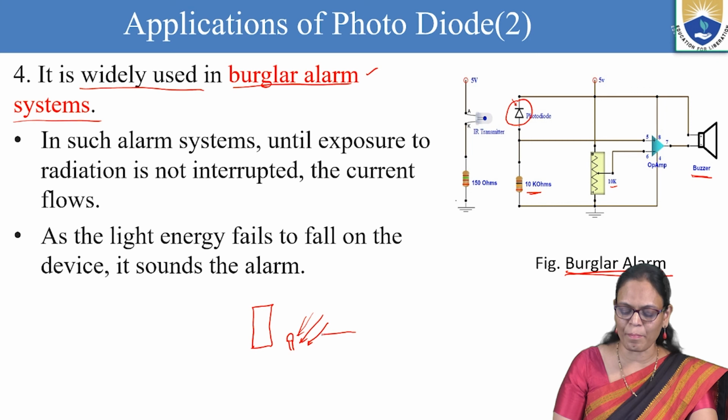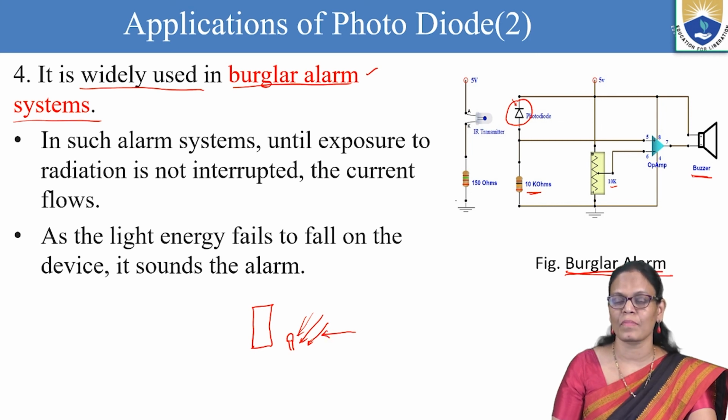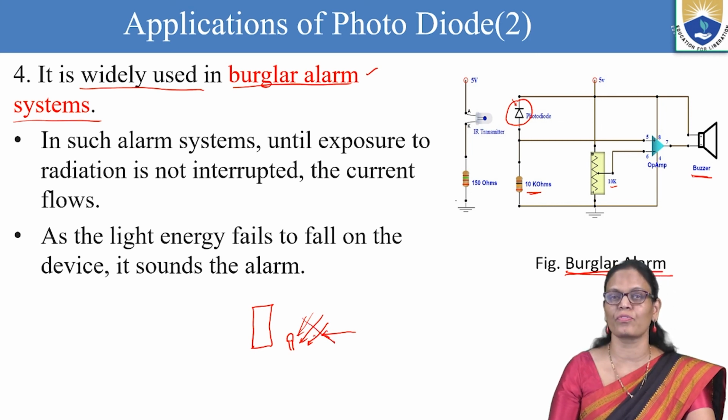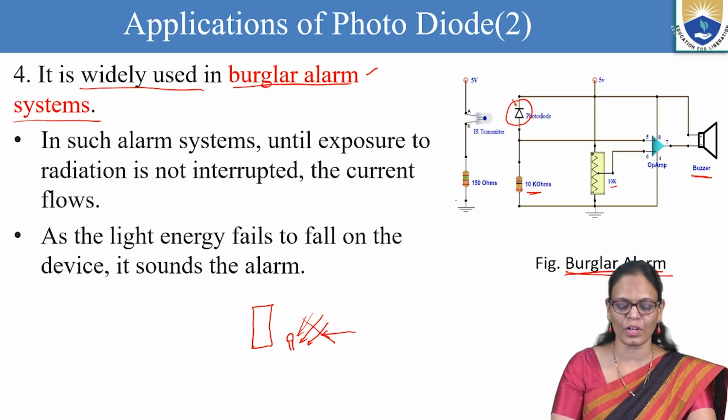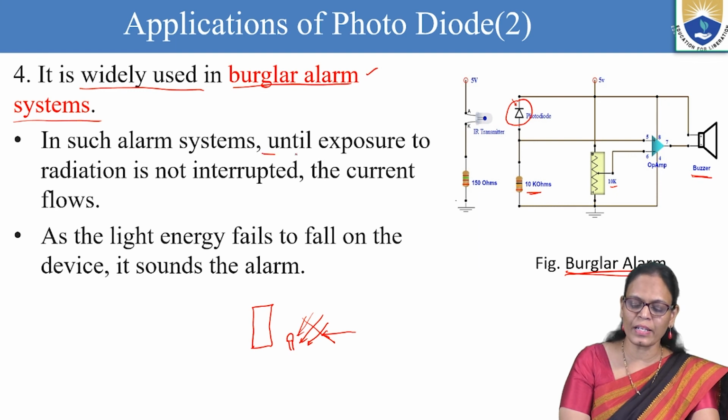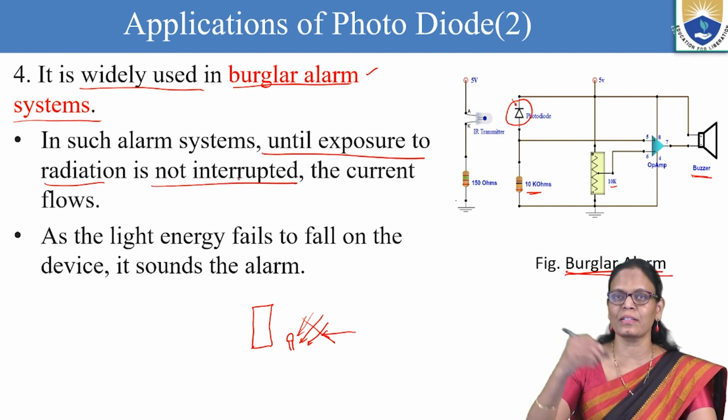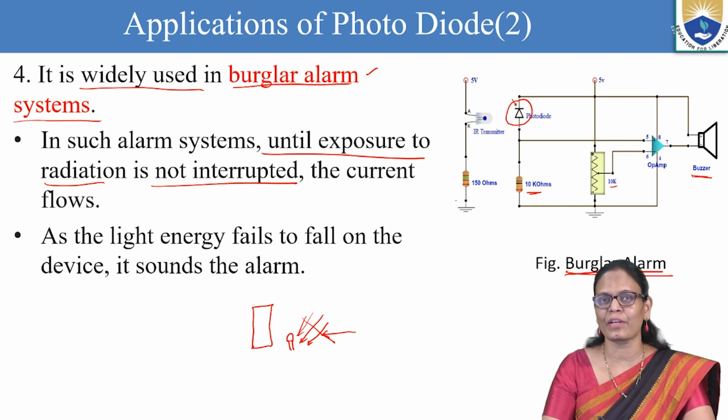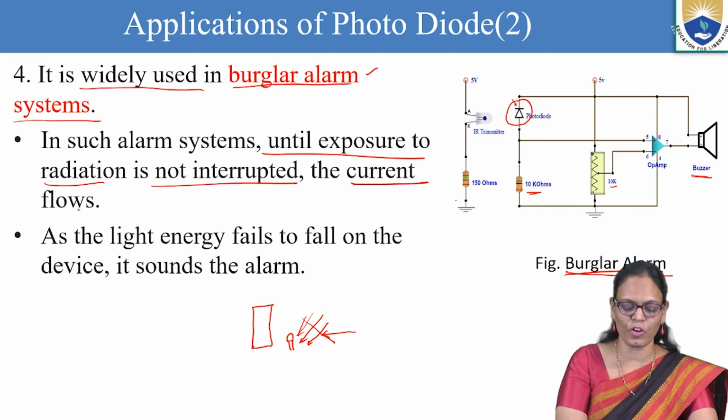And the moment somebody enters inside and the light that is falling on the photodiode is cut off, then what happens? There is no current. So, whenever there is no current, the alarm goes on. So, what we are seeing here? Until the exposure to radiation is interrupted, means there is continuous supply of light onto the photodiode, the current will flow.